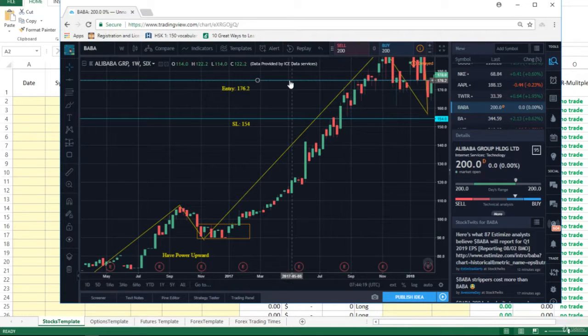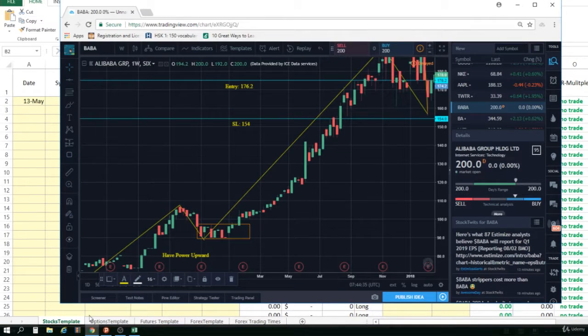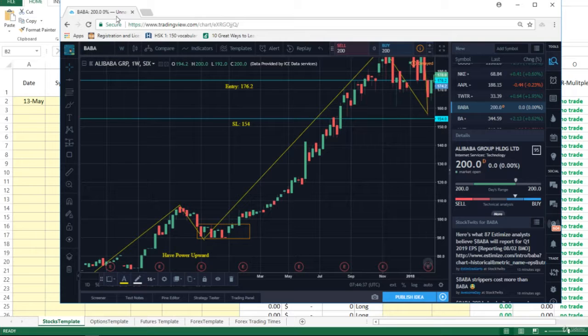Okay, your entry is 176.2. We enter here, and the stop loss is 154. So for our second stock, we are analyzing Alibaba Group.